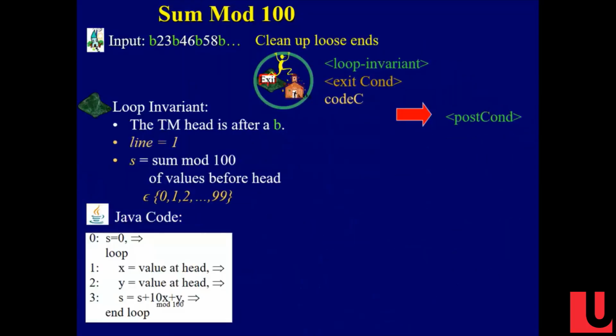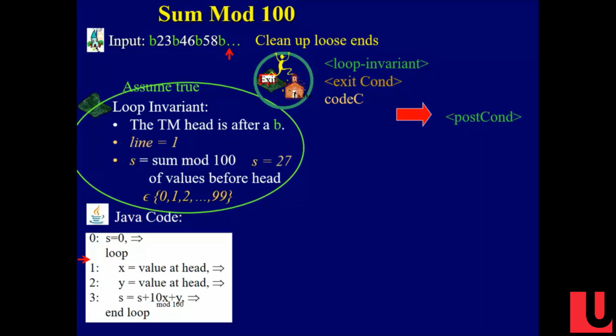And now we're going to get a post condition. So we're at the top of the loop. We assume this is true, and so the head's right past a blank, and we're on line 1. We have some sum. That's the sum, it turns out. I asked Google.